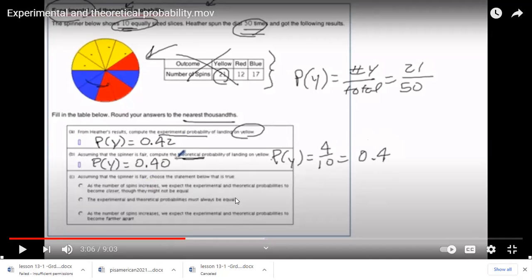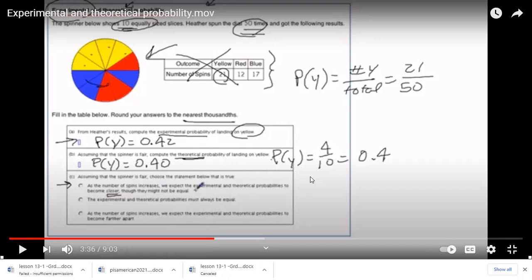They are not the same. So let's continue and see how they compare. As the number of spins increases, we expect the experimental and theoretical probabilities to be closer. If you increase the number of times in the experiment, the experimental probability will be very close to the theoretical probability.